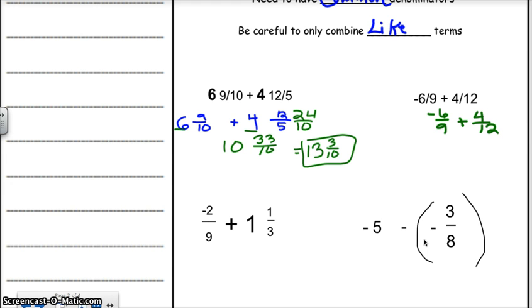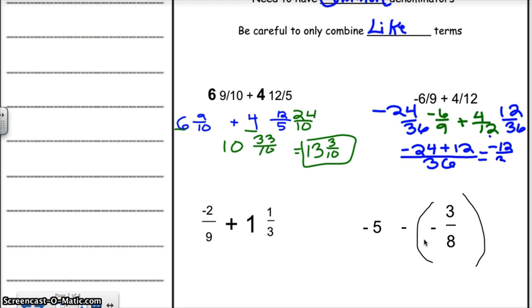So I would change them both into 36. 9 times 4 is 36. 6 times 4, wait, 24, negative. I messed myself up there. 12 times 3 is 36. 4 times 3 is 12. So what I'm really left with is negative 24 plus 12 all over the denominator of 36, which is a negative 12 over 36, which is negative 1/3.